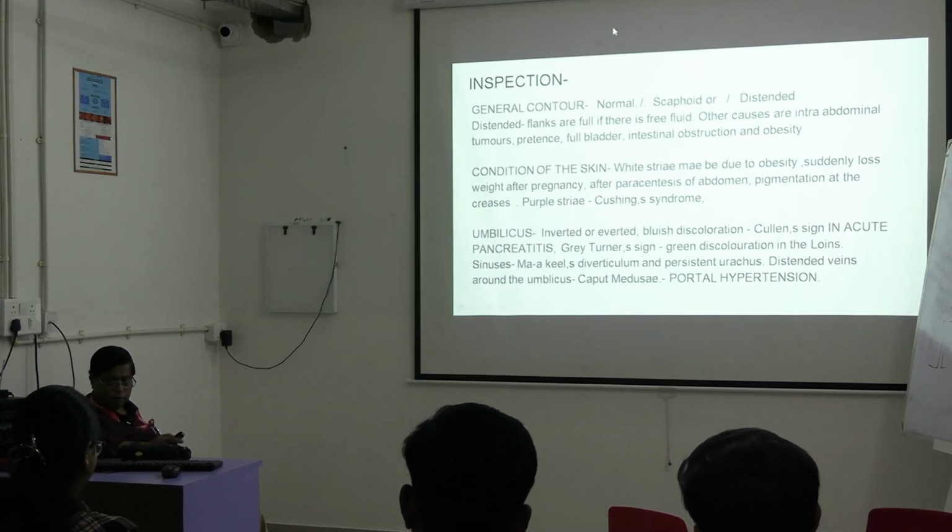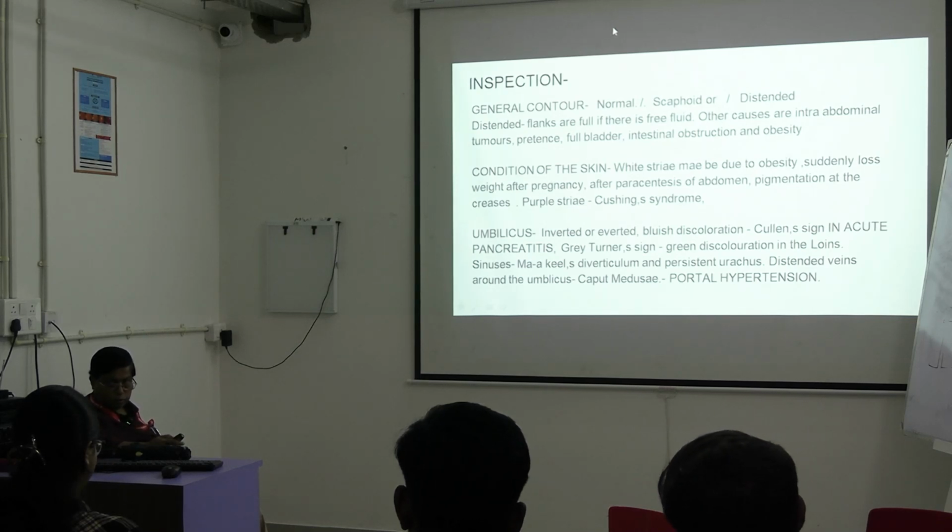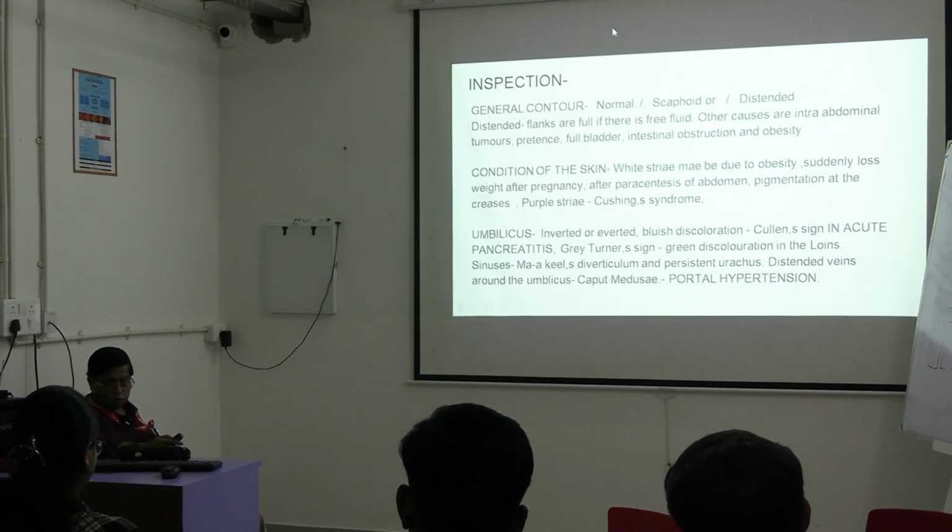The umbilicus is a site for portosystemic anastomosis, as the rectosigmoid junction is a site for portosystemic anastomosis. The esophagogastric junction is also a site for portosystemic anastomosis. So when there is portal hypertension, the portosystemic anastomoses get dilated, because normally we do not see them, but if there is portal hypertension, these anastomoses get dilated and become visible. Similarly, the esophagogastric junction is not visible, but we can see varix by endoscopy.